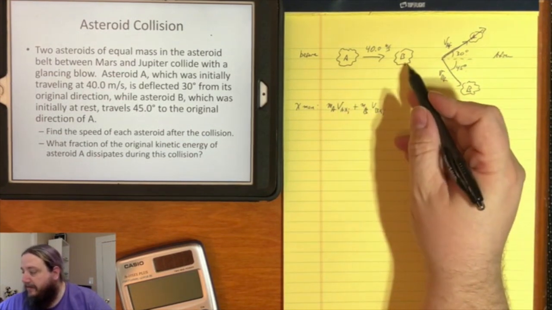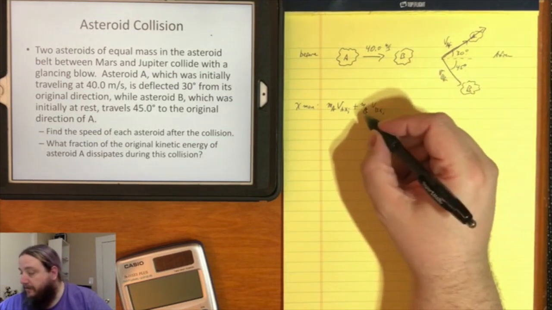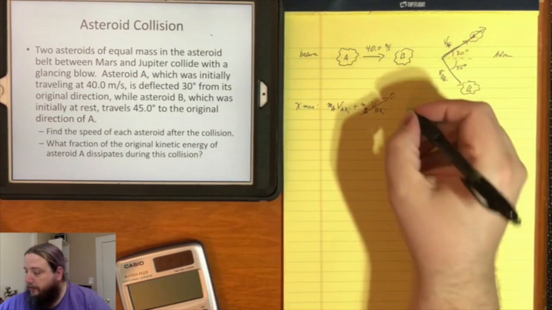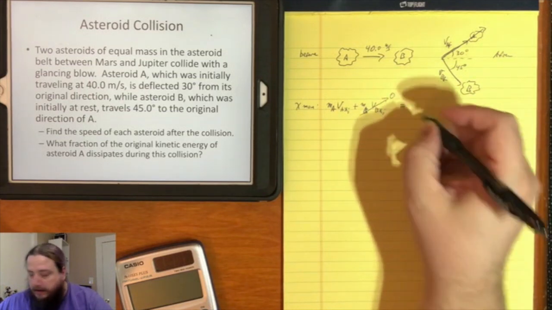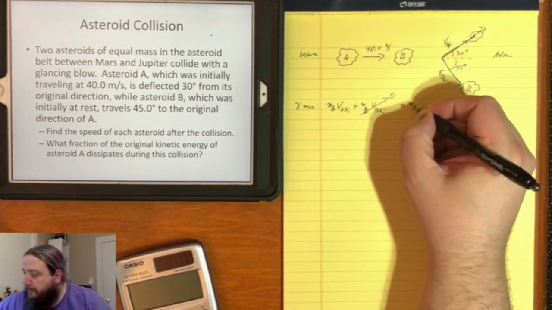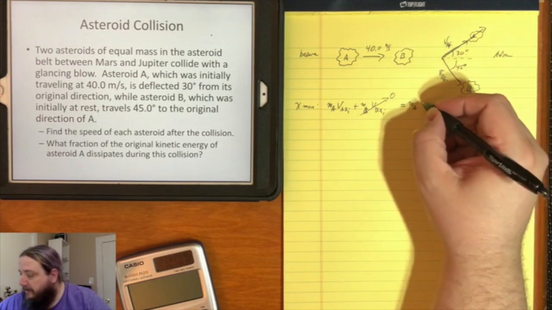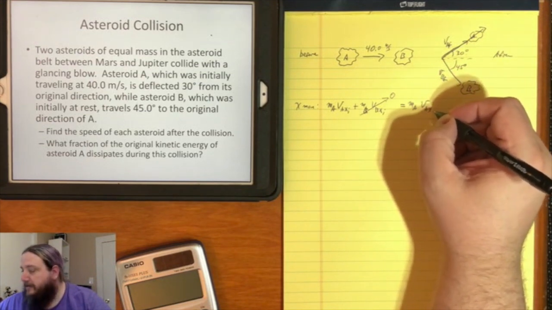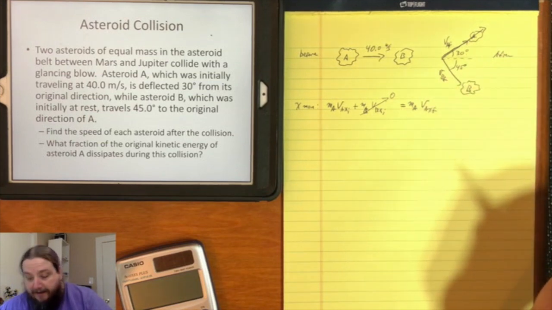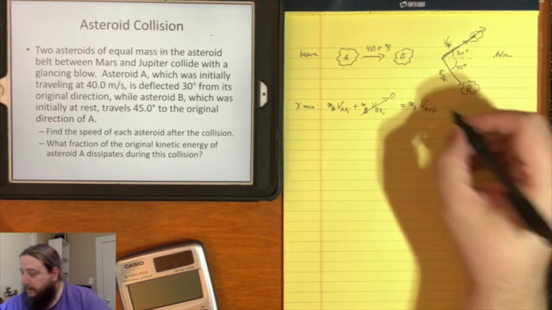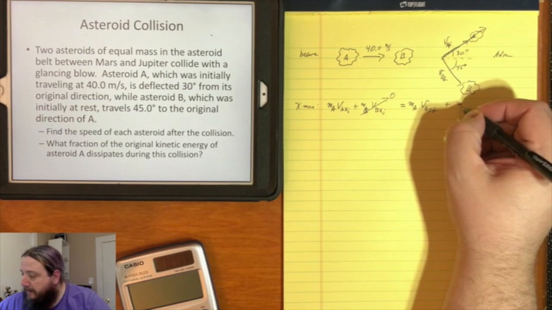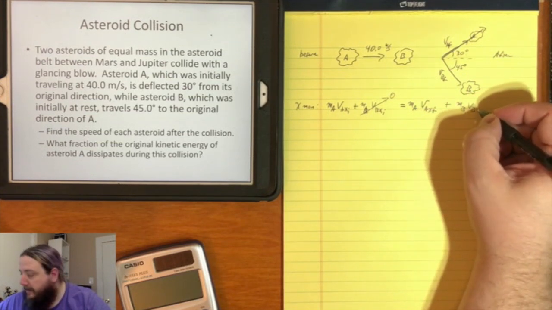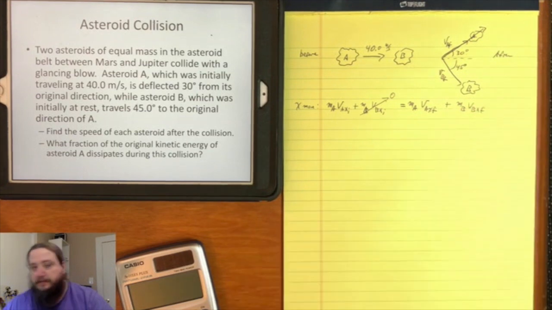And in this case, the velocity of B was 0, so that term goes away. And over here we have the mass of A times the velocity of A in the x direction afterward, or final, plus mass B times velocity B in the x direction final.